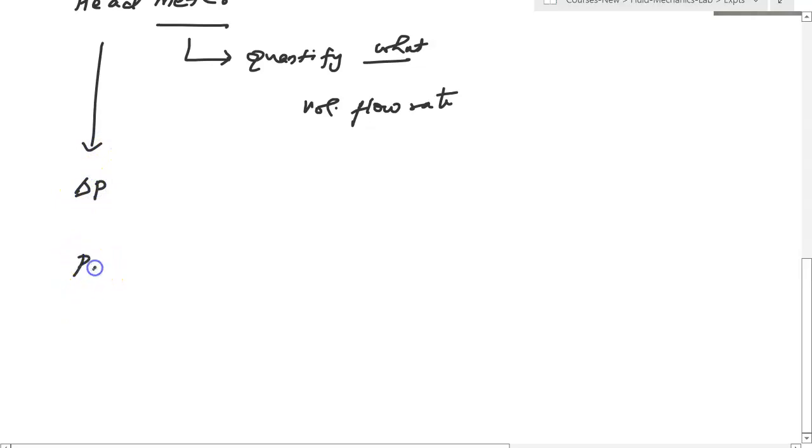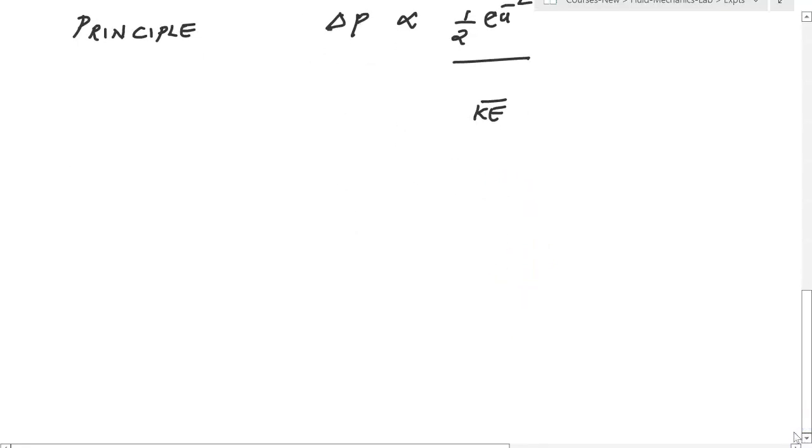So what is the principle behind head meters? Now we know that pressure drop is directly proportional to the mean kinetic energy of the flow. So I write this term as Ke with a bar to denote that it is based on the mean kinetic energy. It is only proportional and it is not equal to.